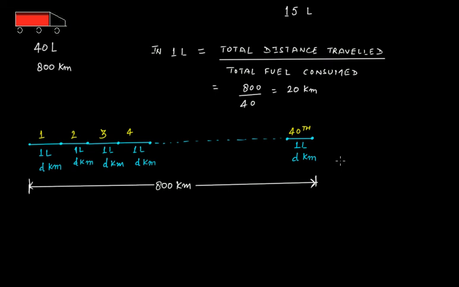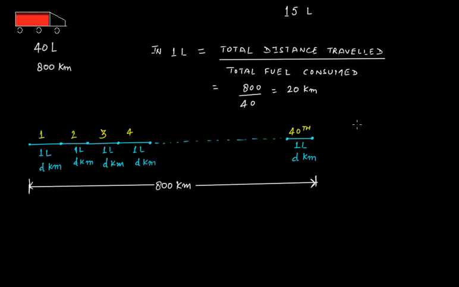What does that mean? It means that this total distance of 800 that you have traveled using these 40 liters of petrol, where each single part represents d kilometers, the distance traveled using 1 liter. So we have actually divided these 800 kilometers into 40 equal parts, where each part represents the distance traveled by 1 liter.